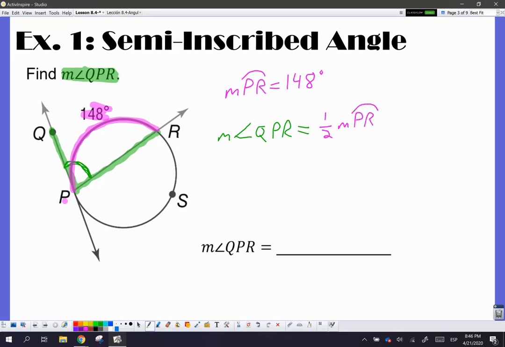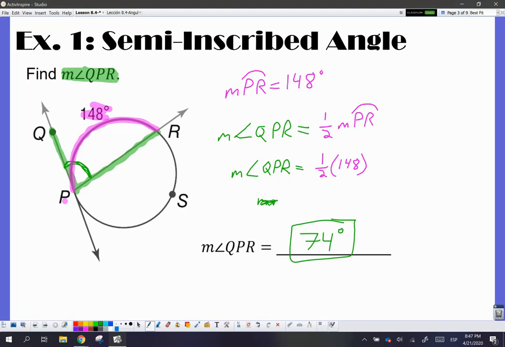And since we know arc PR is 148, that means we have 1/2 times 148, which is the measure of angle QPR. 1/2 times 148 is 74 degrees.